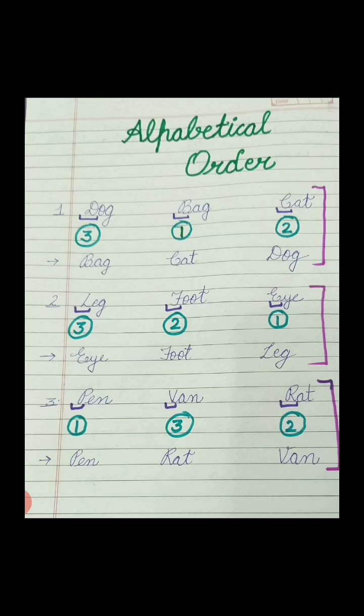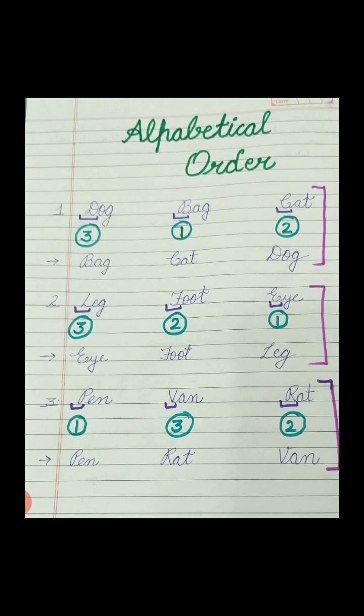Very good. Now we'll be doing our third part. Okay. See, what are the words written in the third part? Pen, van, rat. I'm repeating. Pen, van, rat. So, what is the first work of ours? Yes, we have to underline the first letter.